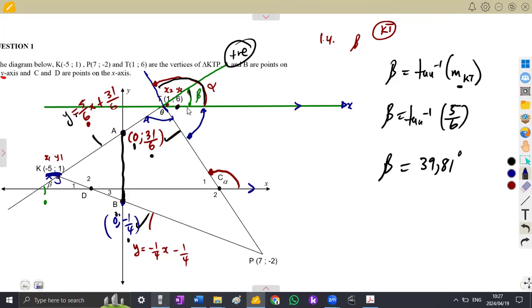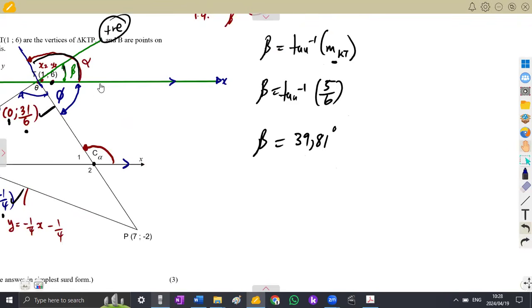But you're going to need the beta because of this theta and this angle, let us just consider this as phi in between here. Let's just call this phi. So you're going to see that theta, phi, and beta, these three angles lie on this line. So you need this beta. That's why you have to calculate this.